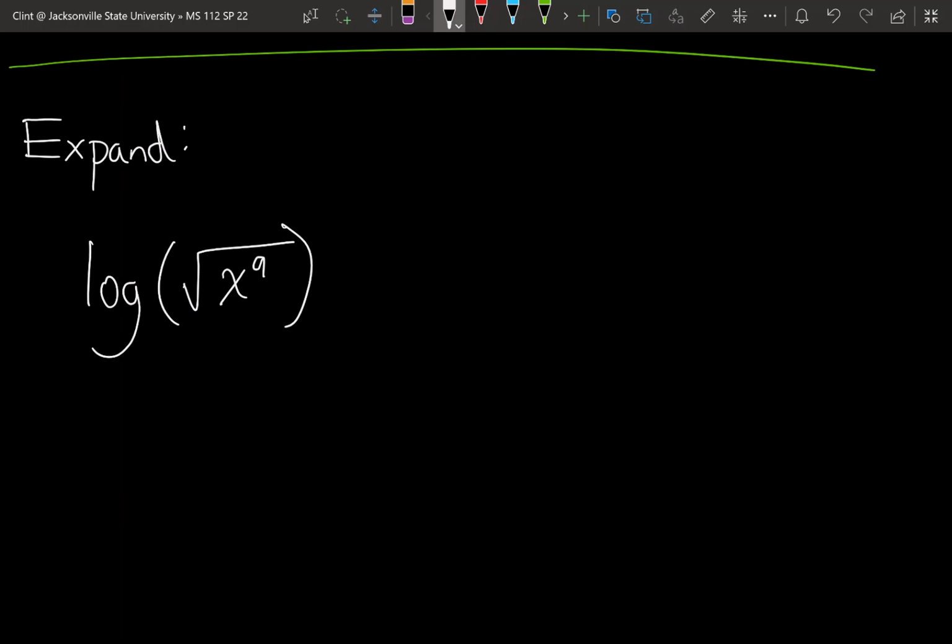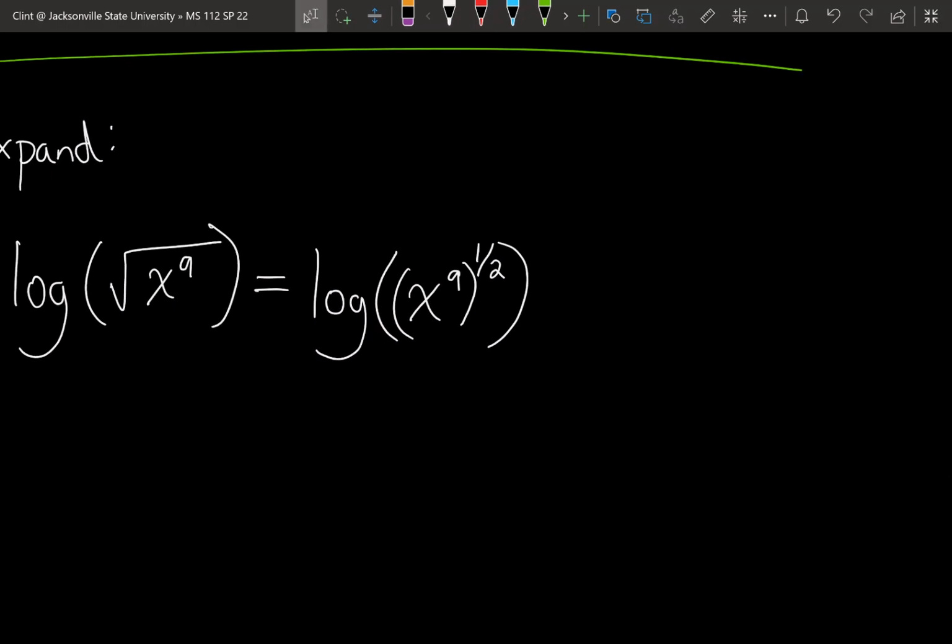A square root we could rewrite as a 1/2 power. So a couple ways you could think about writing it. You could think about x to the 9th to the 1/2. It's a little messy to write it that way, but really nothing wrong with it. Then the 1/2 we could bring out front.